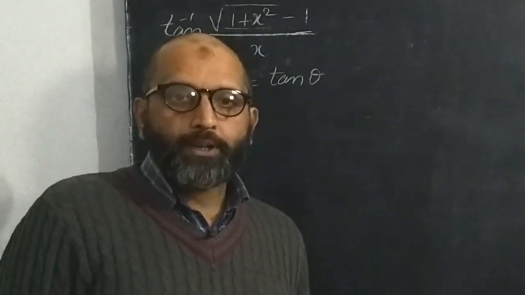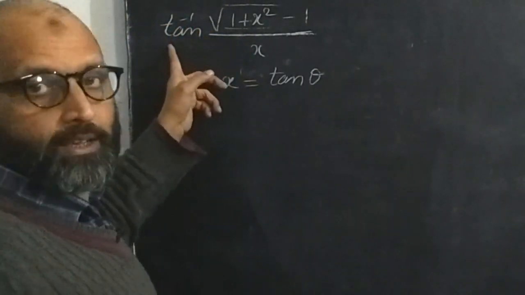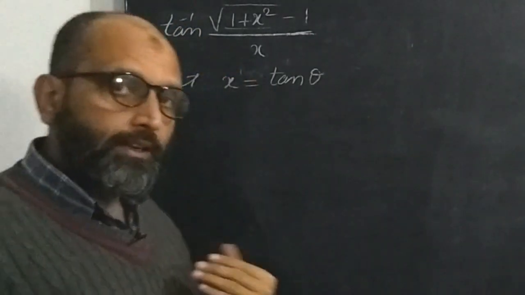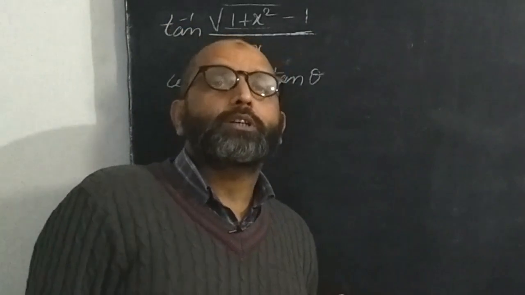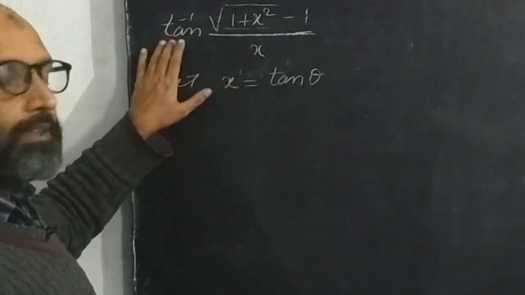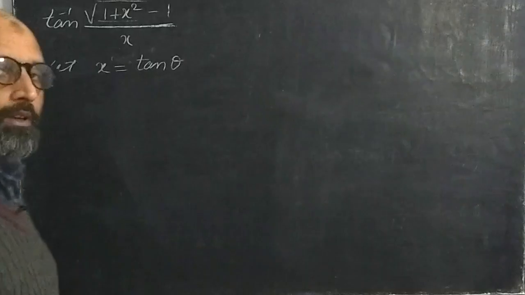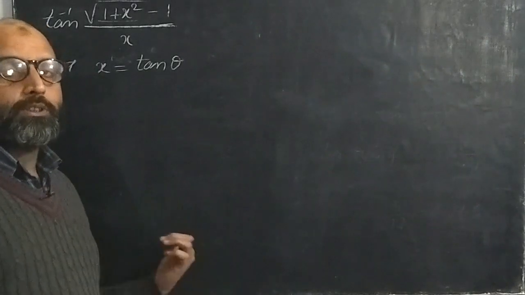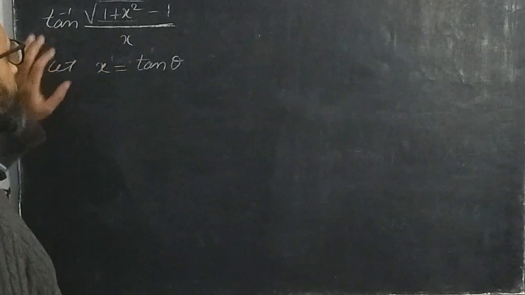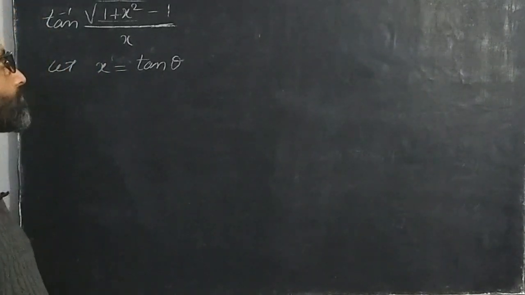In one type there is an algebraic expression with an inverse trigonometric function, and the other is where there is a trigonometric expression with an inverse trigonometric function. So here we have taken the first kind, that is an algebraic expression with an inverse trigonometric function.